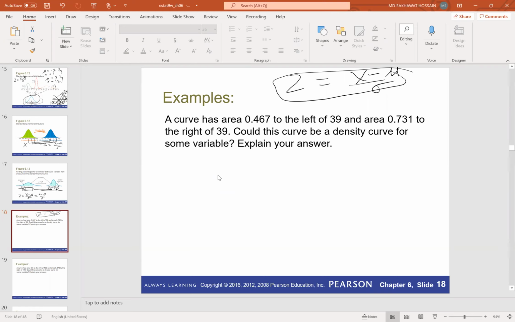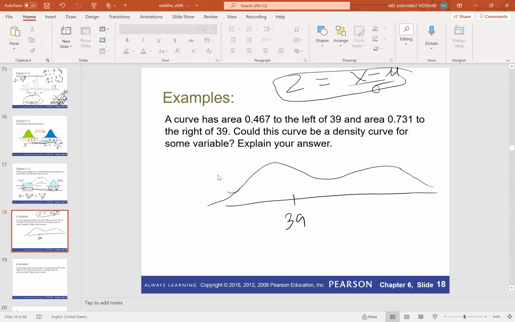So let's consider a curve, and this curve could be any curve. Let's consider this one, and it has area to the left of 39. So let's say 39 is somewhere here.